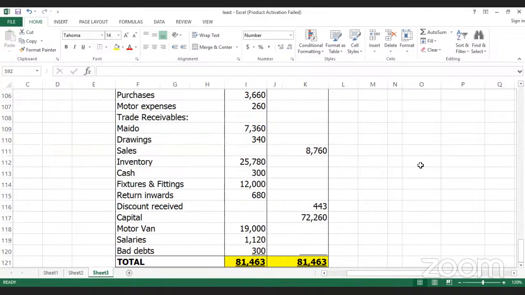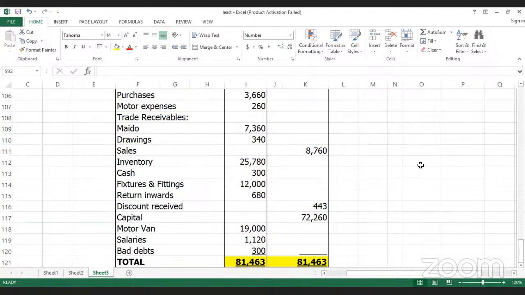Now, when it comes to the trial balance, there are some errors that may not be detected by the trial balance. For example, there can be what we call an error of omission, a transaction being completely omitted from your records.